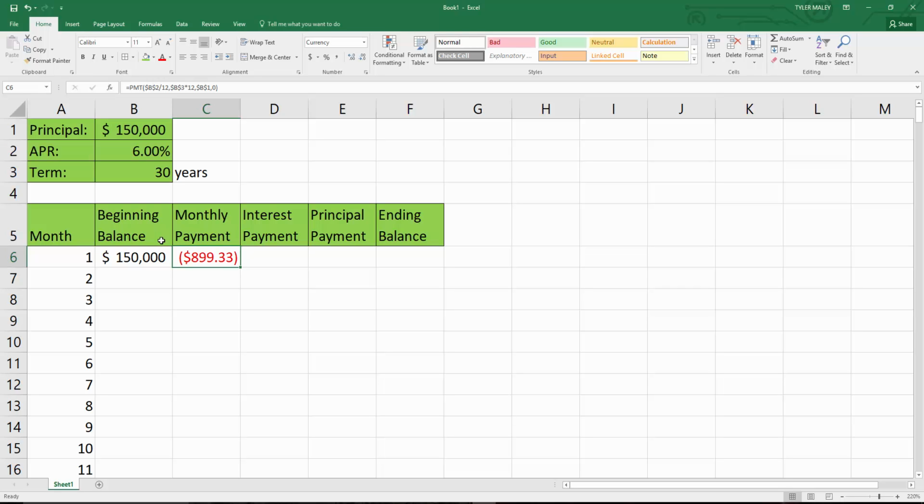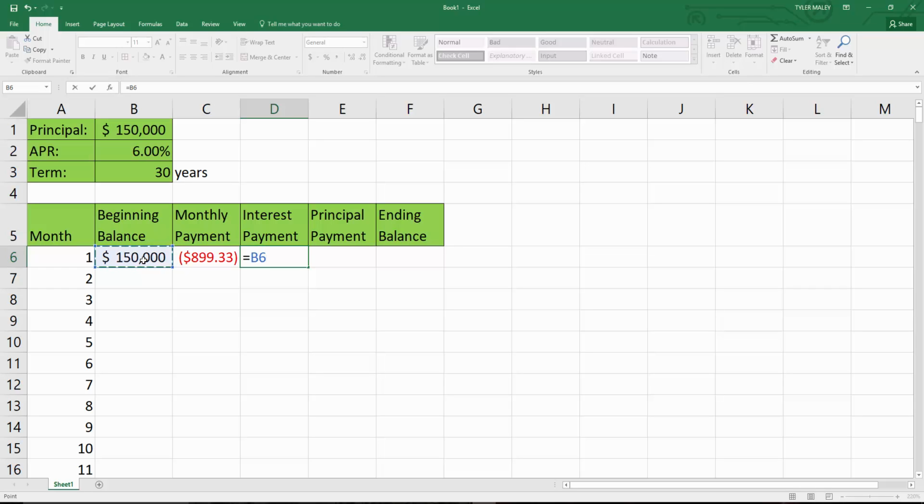So then we need to calculate the interest payment. This would actually be number 7. The interest payment would be taking the beginning balance. When I pull this down, I'm going to want that to fluctuate.